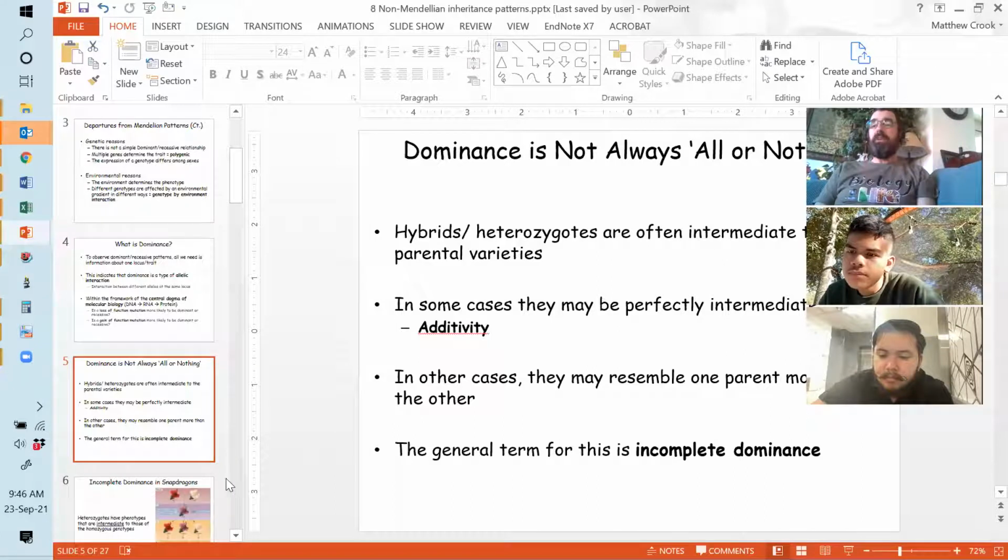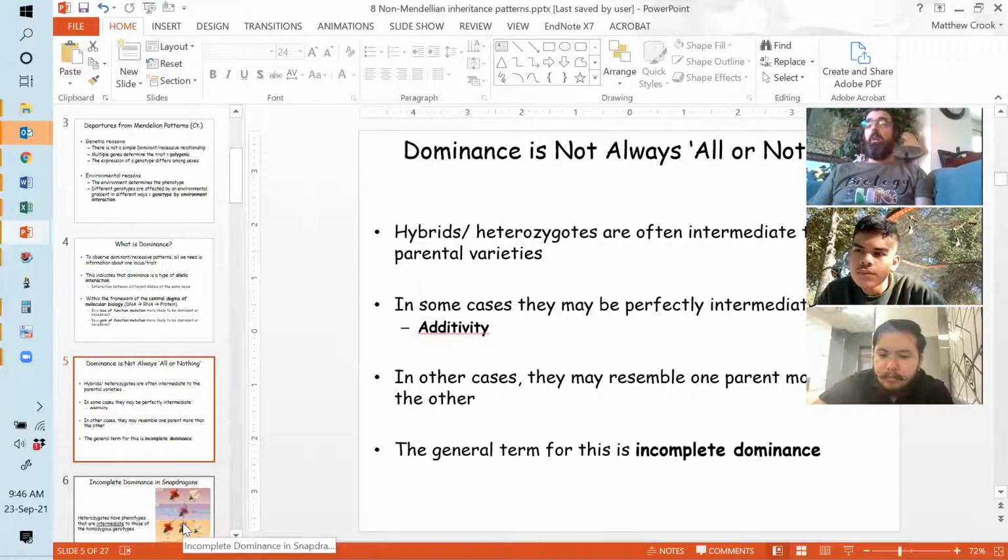So typically, though, incomplete dominance is where essentially one dominant allele is not enough, right? All the examples I've ever seen, of which there are not many, are due to pigmentation. So essentially, the deal with snapdragons and eggplants, I think they're called aubergines.